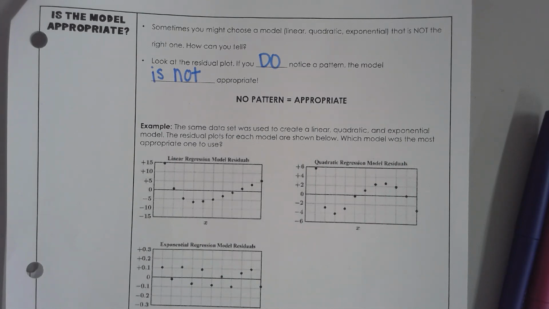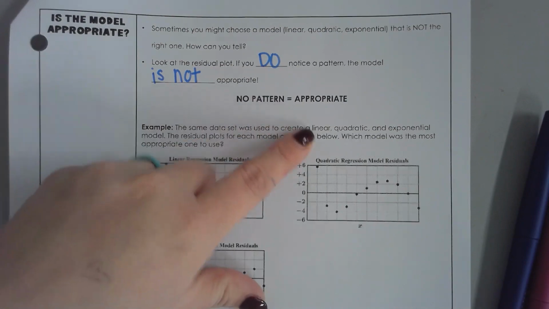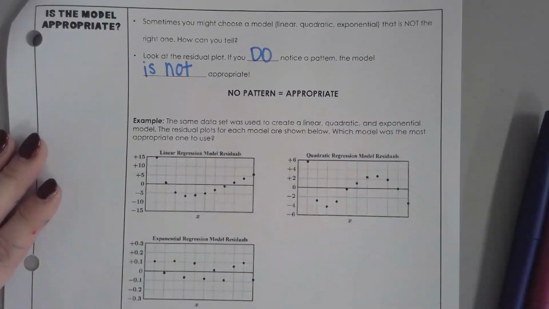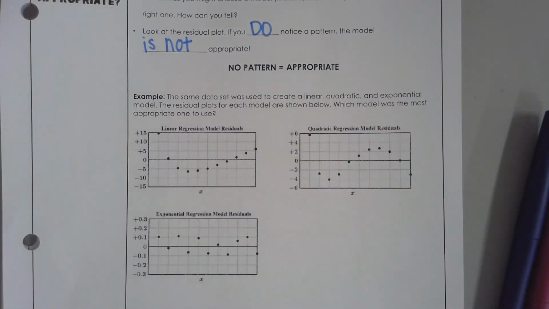If you sit there and try to study it, yeah, you might find one. But if you just look at it and say, I don't see a pattern, then that's what you want. You want no pattern. No pattern is appropriate. You're going to have a darker line in the middle, and you just want the points jumbled up around that line.